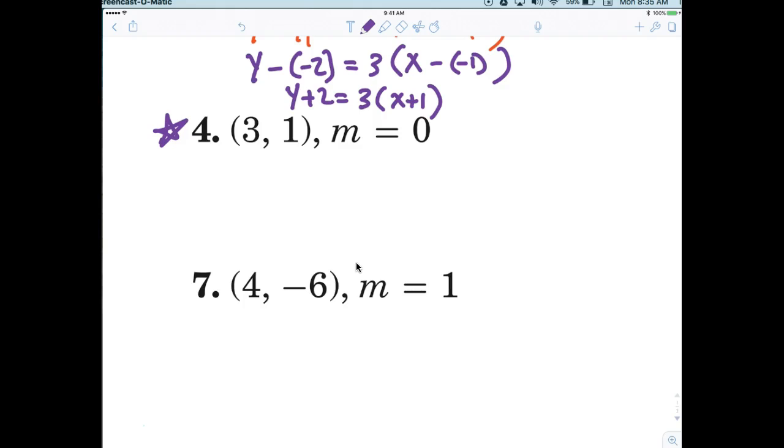So the answer for number 4 is y equals 1. That's the exception. You're not putting something that's undefined or something with a slope of 0. Those are special cases. So you just write y equals 1 because you're smart. Is vertical undefined? Vertical is the undefined, which would be x equals. Good, Jack, I'm glad to hear you.